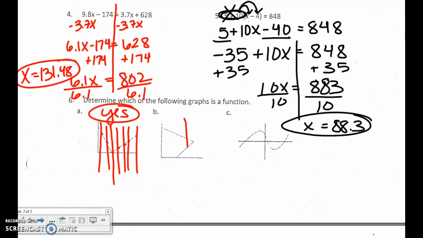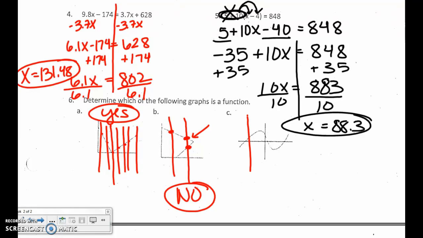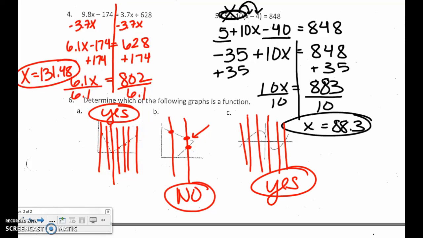But notice over here, if I were to draw this vertical line, it crosses at 2 points. And it can't cross at 2 points, so it's not going to be a function. Now over here, yes, it only crosses once, but it only has to fail once to not work. C, if I draw in all my vertical lines, C ends up being a function.